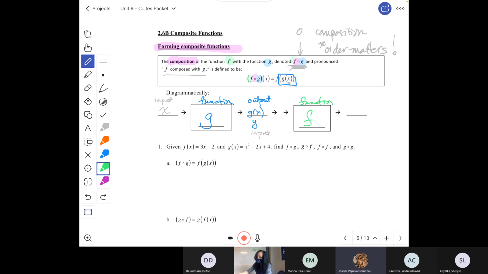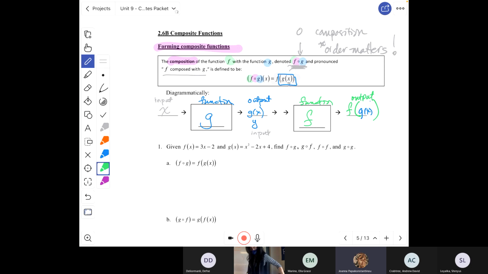So what am I getting? I'm getting f of g of x. So I'm getting the output here. So it's kind of like a little machine. You start from the inside, you have domain values, you feed it into x, you get output. You take that output, then in turn feed it into f. You work from the inside out.